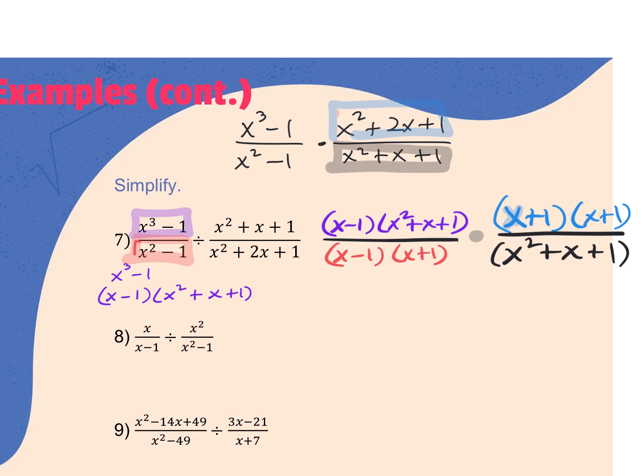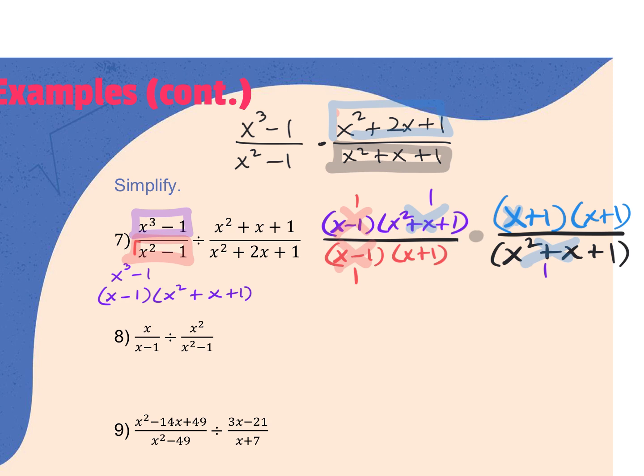Now I'm going to look for things to simplify. So notice I've got an x minus 1 in the numerator here, and an x minus 1 in the denominator. These both become 1s. Then I also have a purple x squared plus x plus 1 that I can also cancel with this one in the denominator.